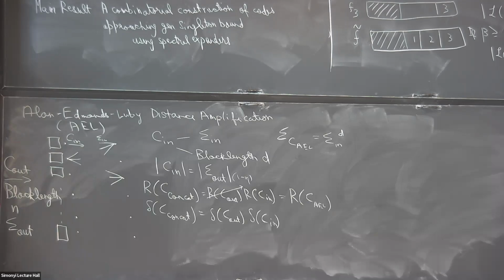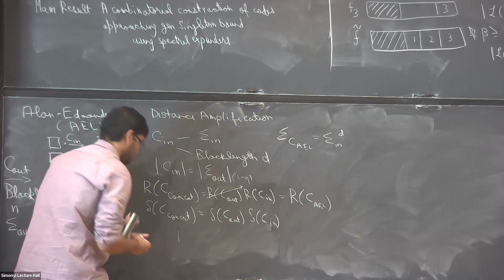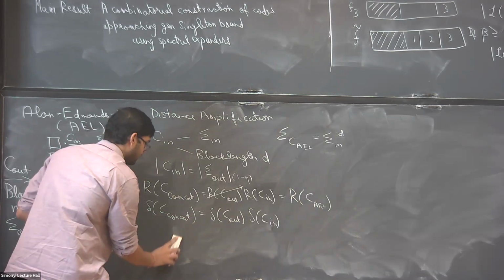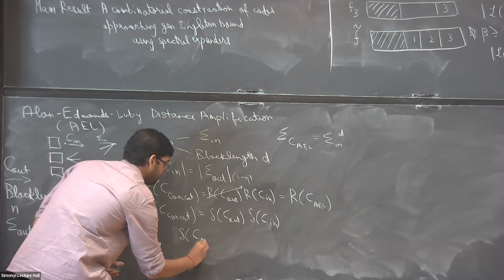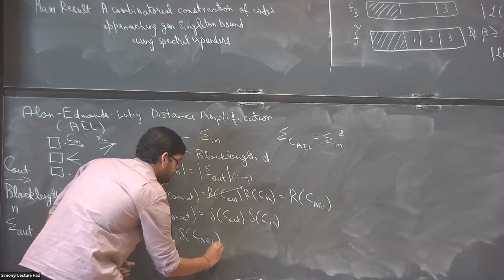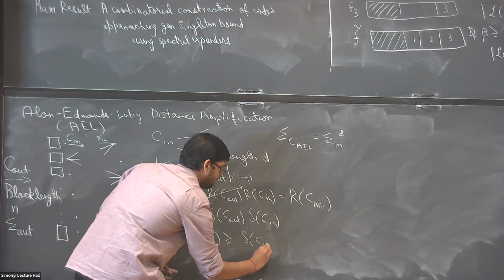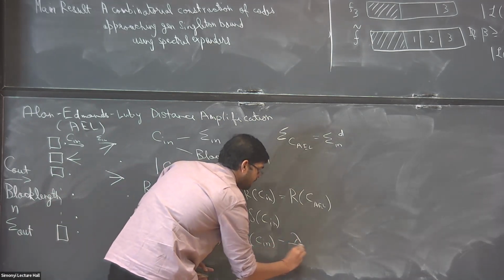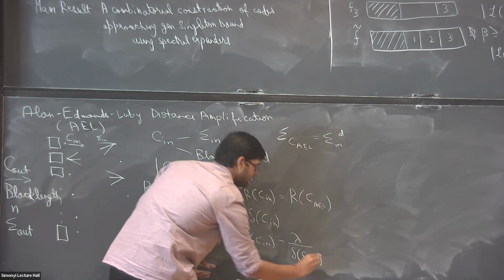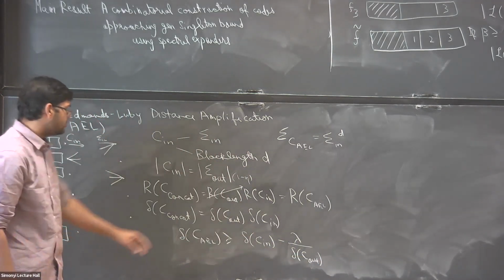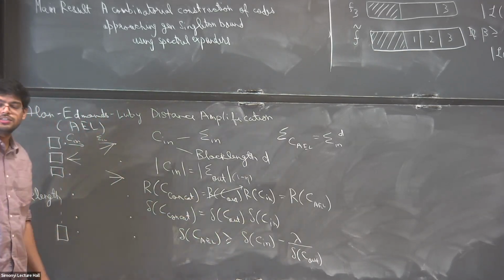So the distance does increase, and it goes from being a product to this decoupled expression between delta C in and delta C out.